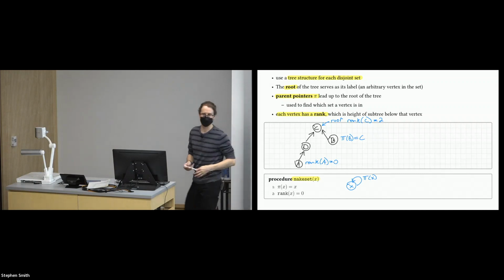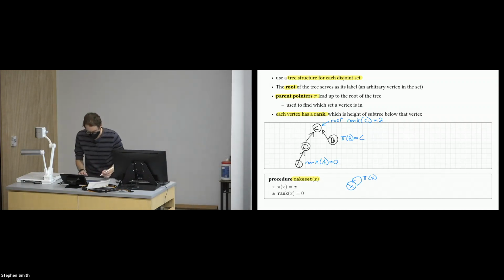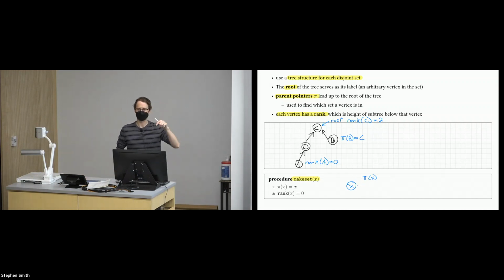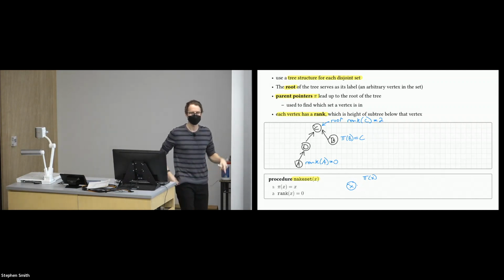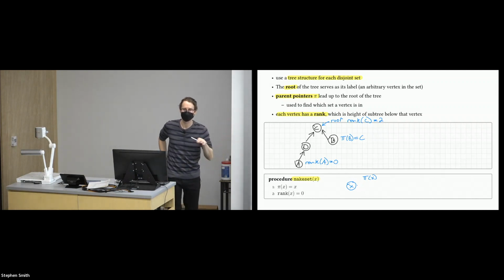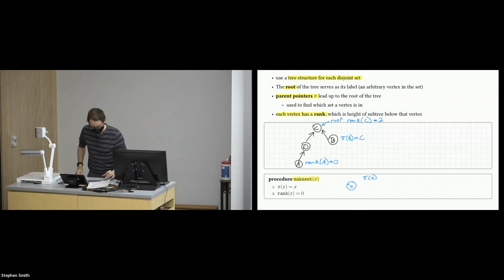There's no tree below it. Maybe that's confusing to draw. I was trying to show that it points to itself, but then that doesn't look like a tree, so I'll delete that. That's not an actual edge, it's just a parent pointer. Okay.